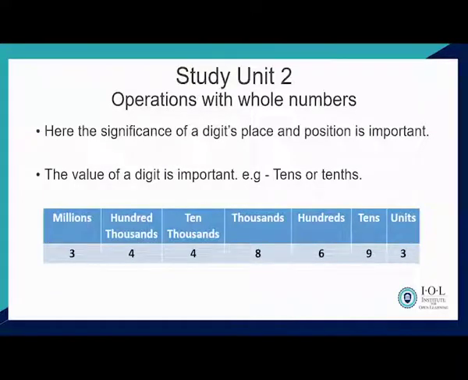How many tens are there? There are 9. So the value is 90. The hundreds value is 600. The thousands is 8,000. That is the value of each of those. But the unit is, for example, tenths. 9/10 is 90, the value. You must know the difference.